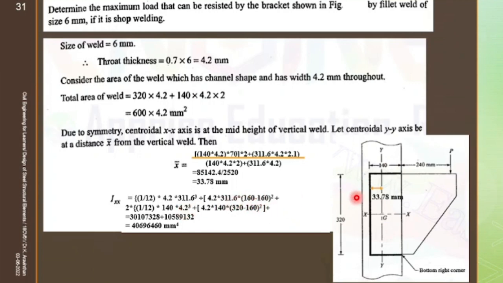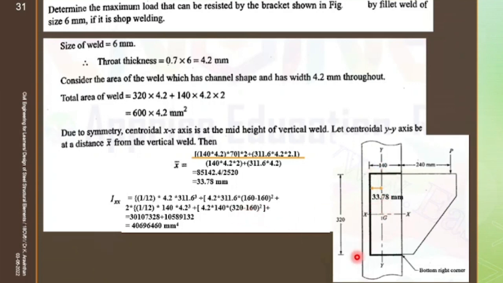Okay. Now when you are taking the reference line as the x-axis, you are finding Ixx. Your centroid will act at this place. Then what will be the height of this? If you have a total of 320 distance, half of this will be 160. So from this reference axis, the centroid of this individual will be at 160 mm.